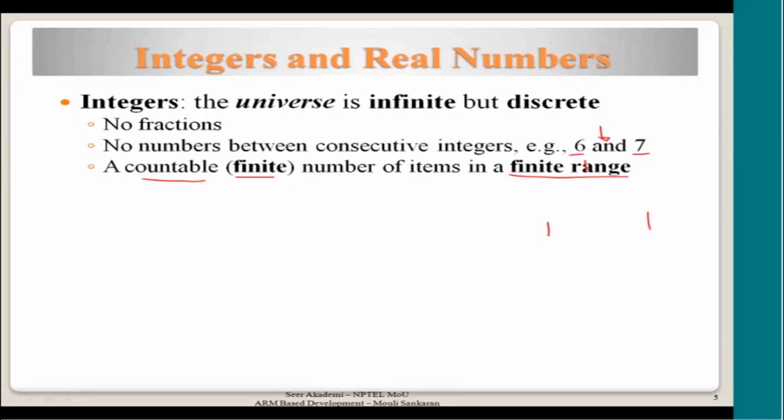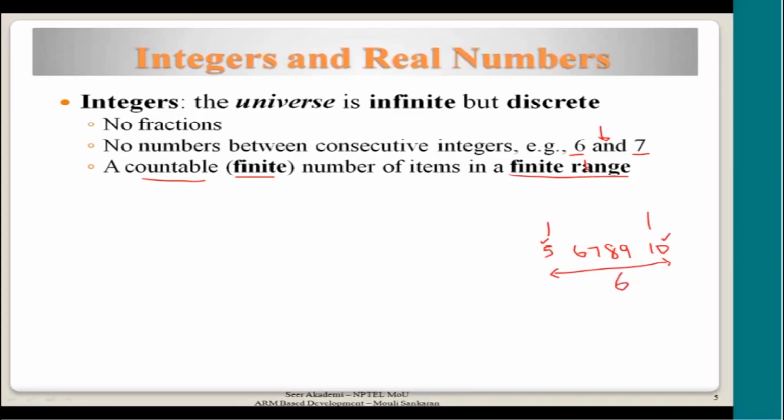That is, if I ask you how many integers are there between 5 and 10 inclusive, you can count it. Okay, right, you can always confidently say that between 5 and 10 inclusive of 5 and 10 there are 6 numbers, there is no doubt about it.